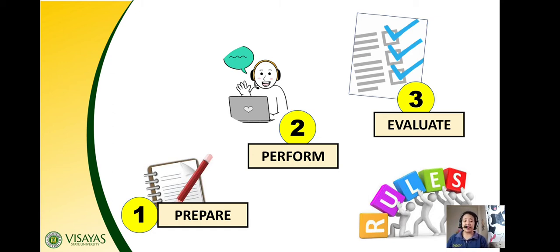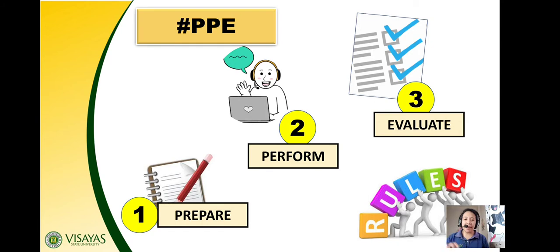Being correct is not a requirement. Sometimes, sapat na that we learn from our mistakes, di ba? Ayos lang madapa, ika nga. Ang mahalaga, bumabangon ka. So, that is the third rule, evaluate. And this is our PPE rule for this review.